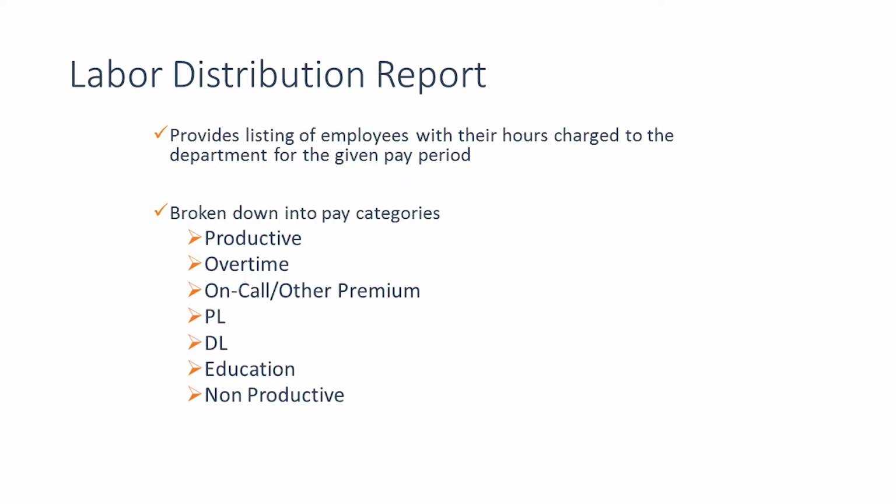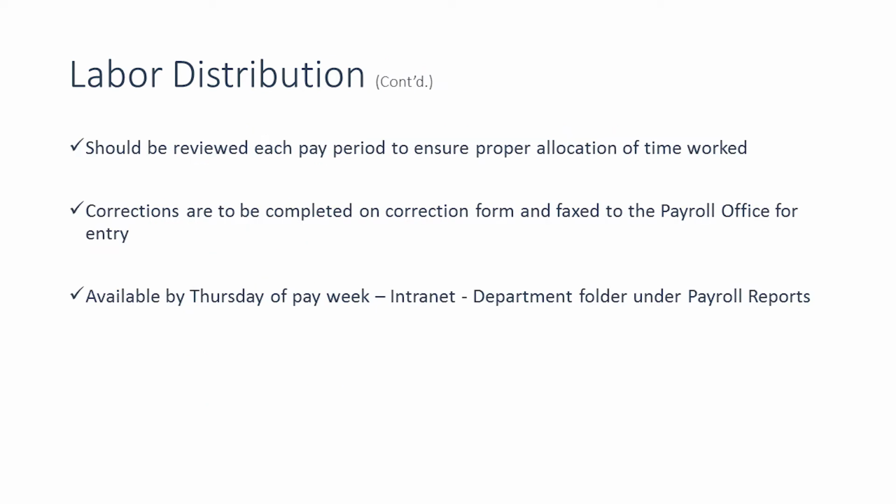The labor distribution report provides a listing of employees and hours that are charged to departments for each pay period, and it breaks down the time into categories so that the manager knows how much is productive, overtime, on-call, paid leave, education, or non-productive hours.